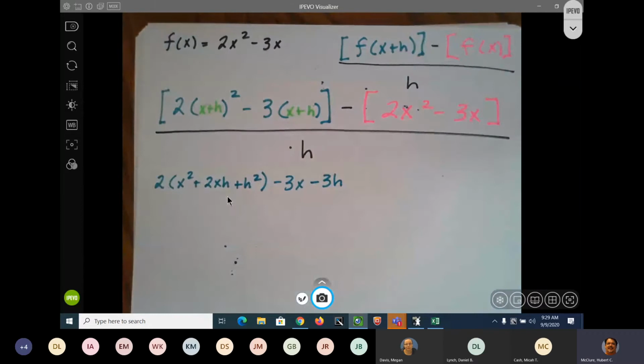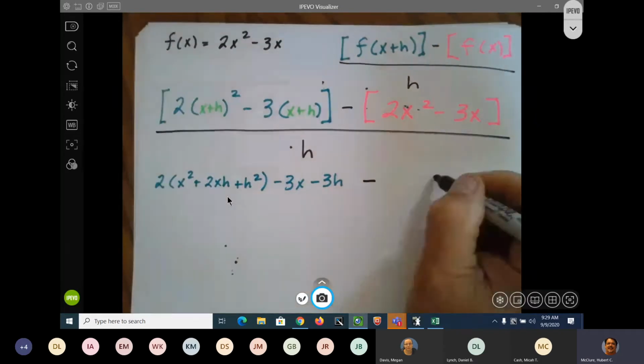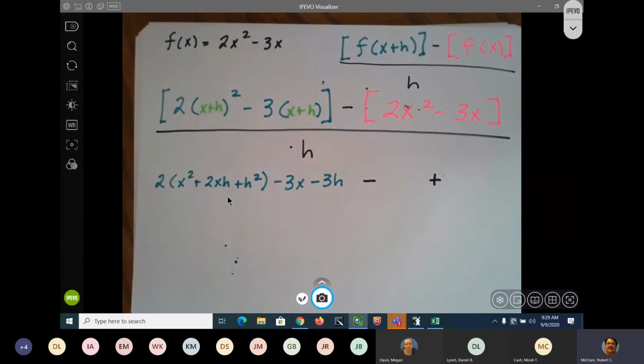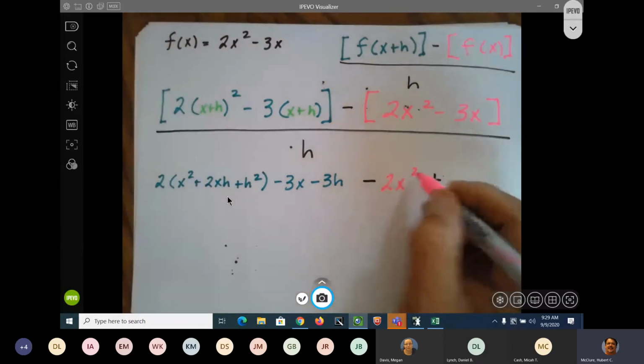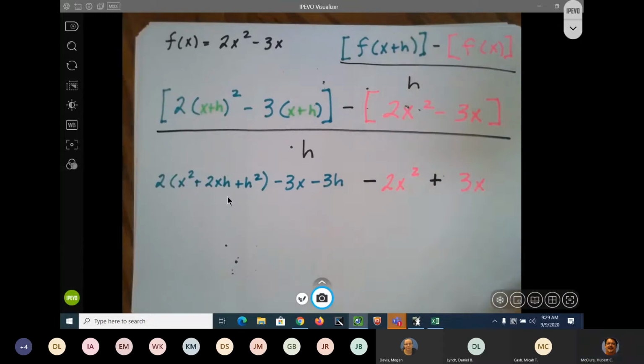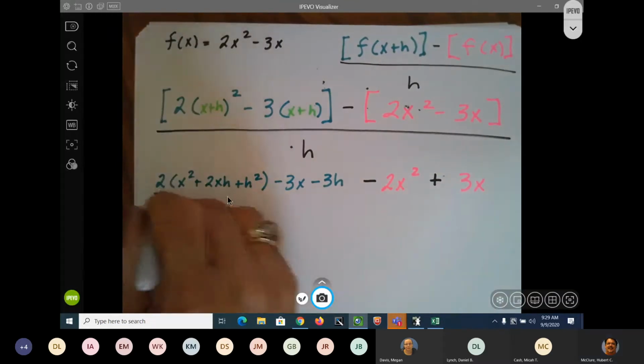And I'm going to distribute that negative, and that's going to give me a negative and a positive. And that's going to be negative 2x squared plus 3x. And all that's over h.